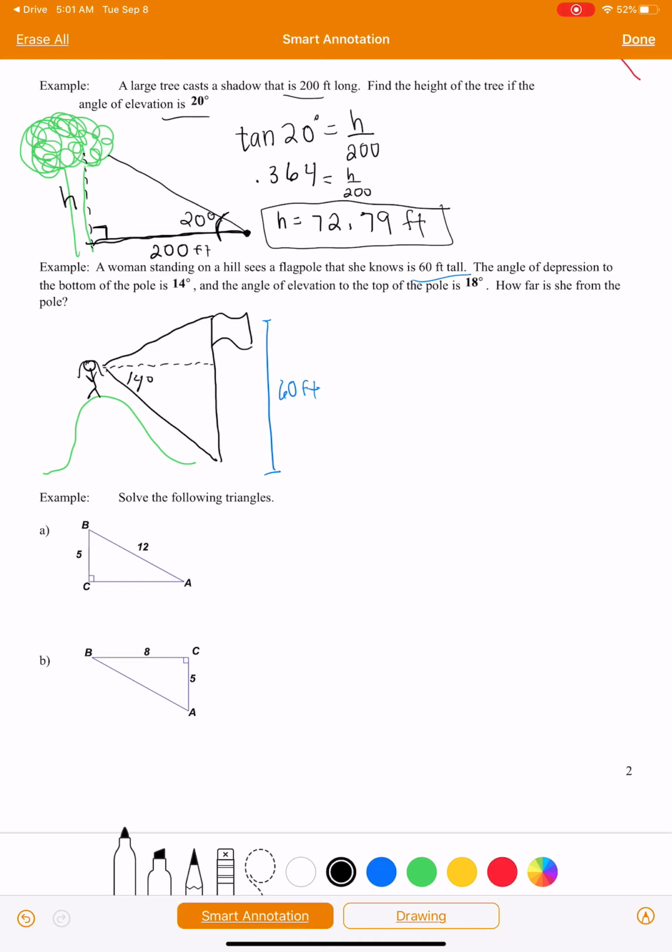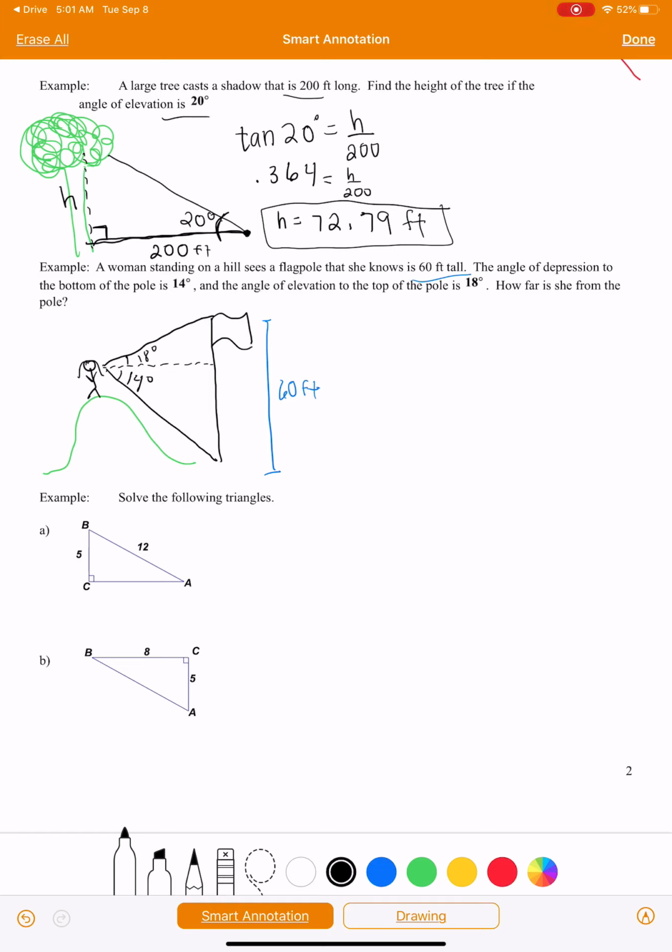And then it says the angle of elevation to the top of the pole is 18 degrees. So this angle right in here is going to be 18. Okay, so the entire measure of this whole angle is 32. So what we're going to end up having to do is make sure we're working with a right triangle to even be able to use trig.